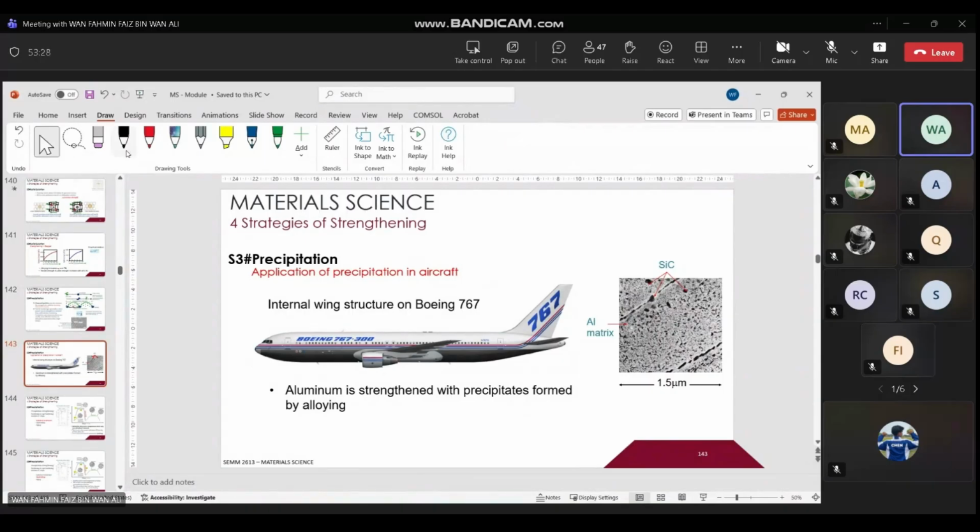Just imagine the whole structure of the aircraft is made of pure 100% aluminum. Aluminum is soft, for example, like aluminum sheet, food packaging, aluminum packaging. It's a soft material. That one is pure aluminum. Above the sky, you can see the pressures are actually very low.